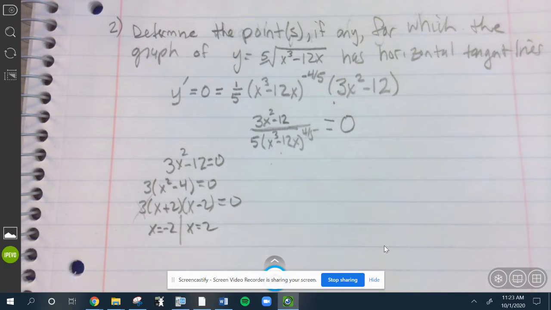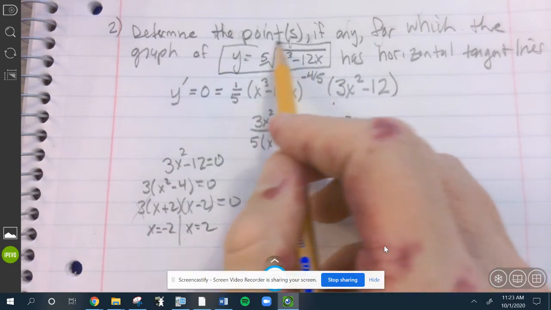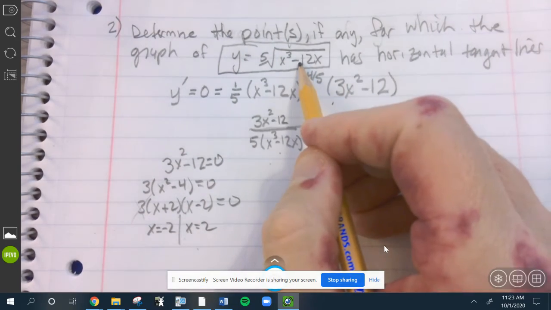We need the points, which require an x and y coordinate. And we're looking for the points on this graph. So you have to plug those x values back into this graph.